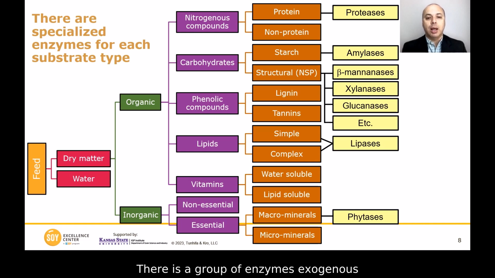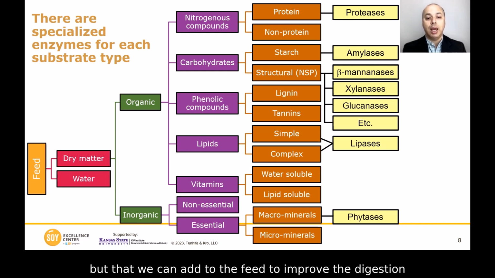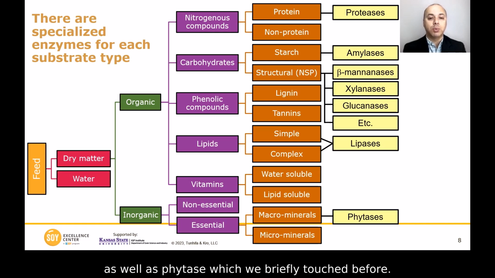There is a group of exogenous enzymes, which means they do not belong to the pig, but that we can add to the feed to improve the digestive process. That includes several fiber-digesting enzymes like beta-mannanases, xylanases, glucanases, and more, as well as phytase, which we briefly touched on before.